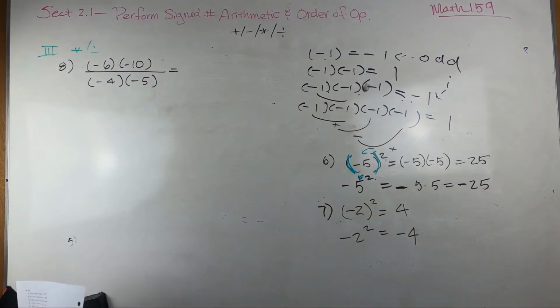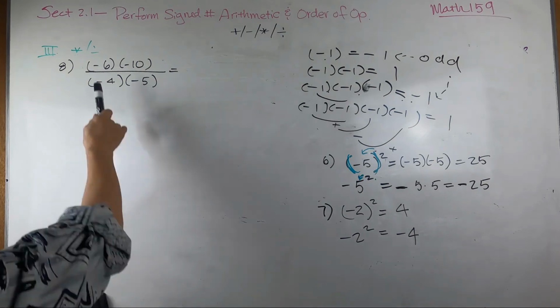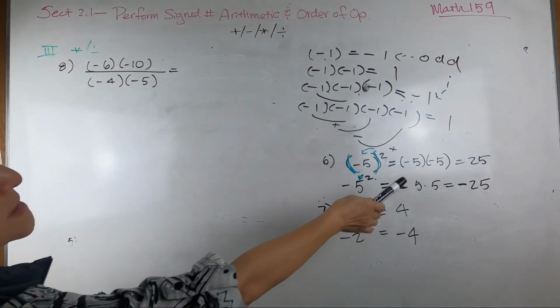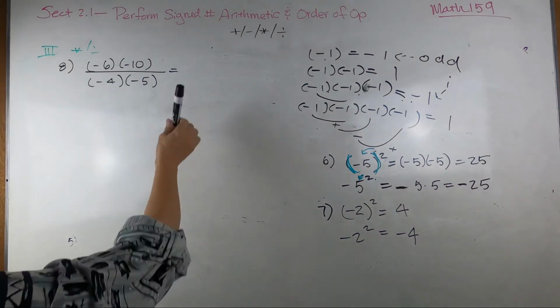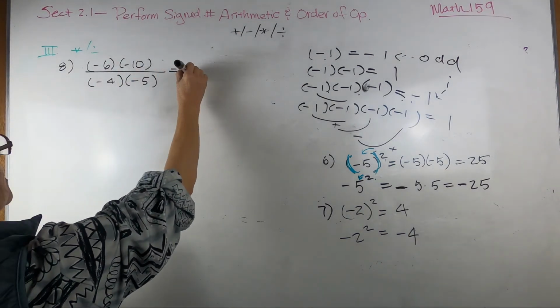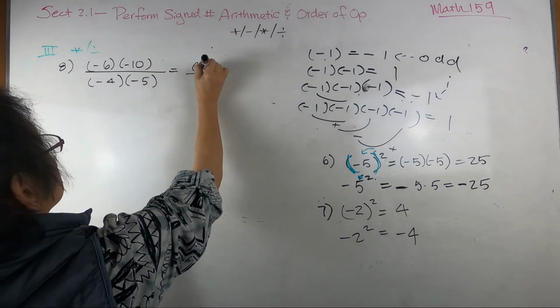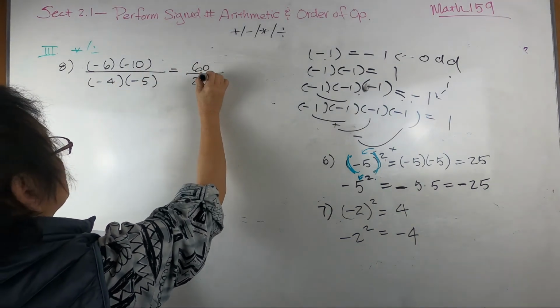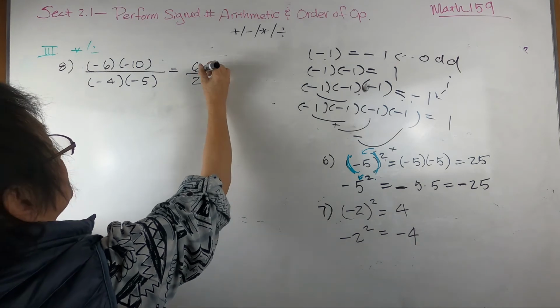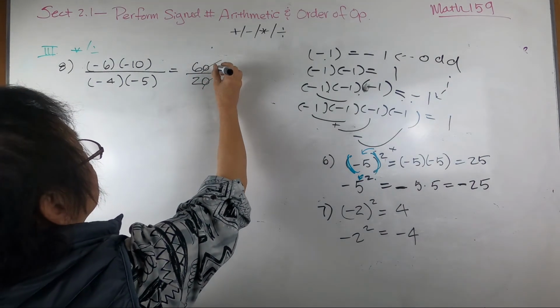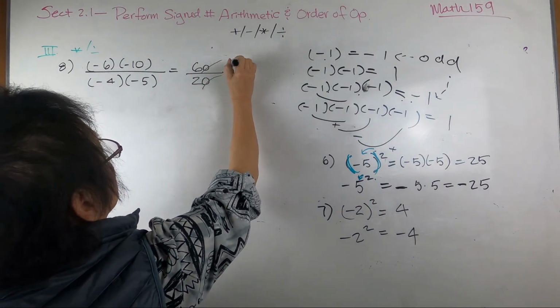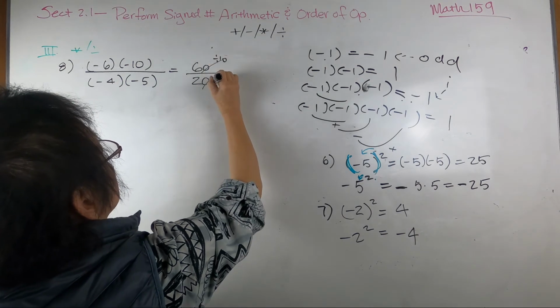Okay, so for this one, how many negatives do we have? 4. It's an even number. The answer should be positive. So then, what do we have? We just multiply numbers. 6 times 10, 60, 4 times 5, 20. Then for fractions, you need to simplify. Divided by 10 would be what? Divided by 10.